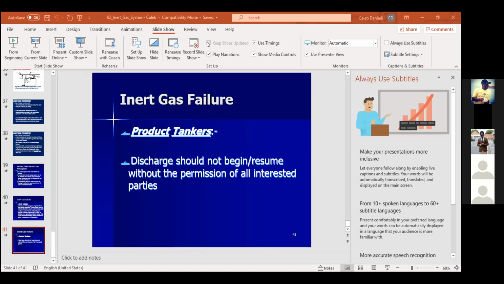In that case, it can be a failed question in orals, because the requirement is that the tanks must be inerted at all times. If you are less than 20,000, it's fine, but if you are up to 20,000, then the tanks must be inerted at all times.